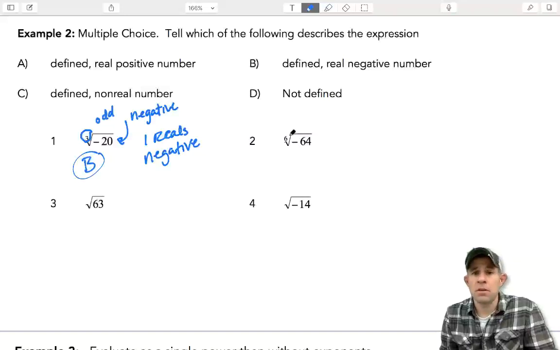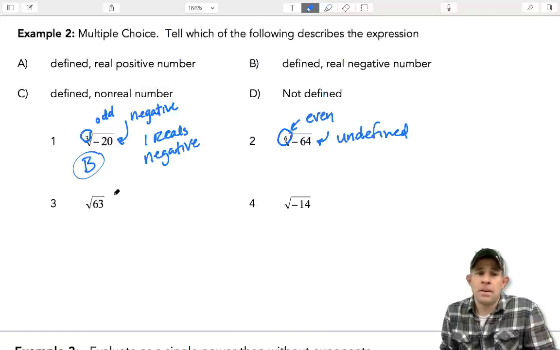All right, our next one, number 2, we have the sixth root of negative 64. So we're taking an even root of a negative number, and now we know that this is an undefined term. Next is the square root of 63, and this is an even root, but it's a positive number.